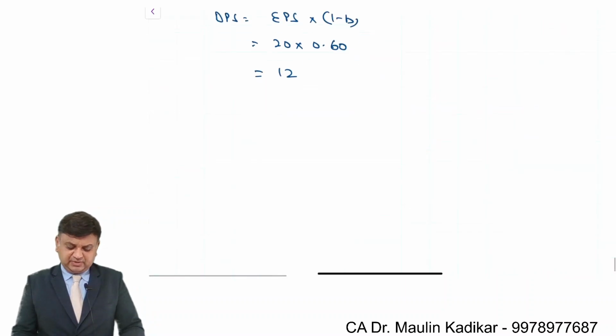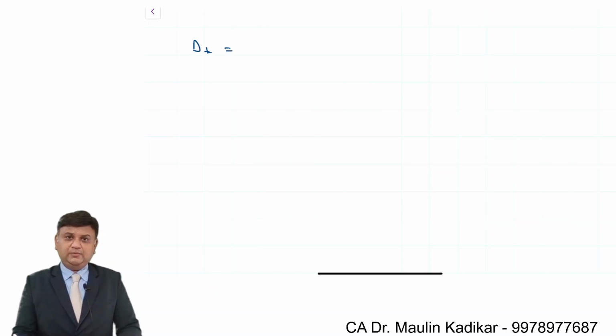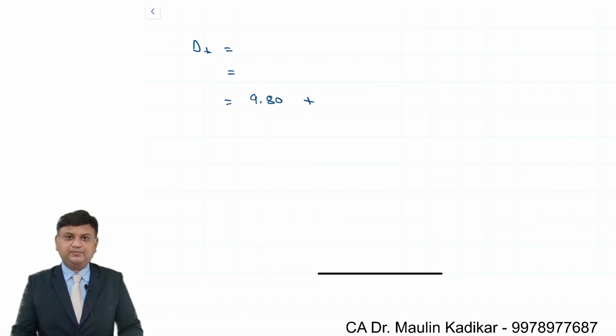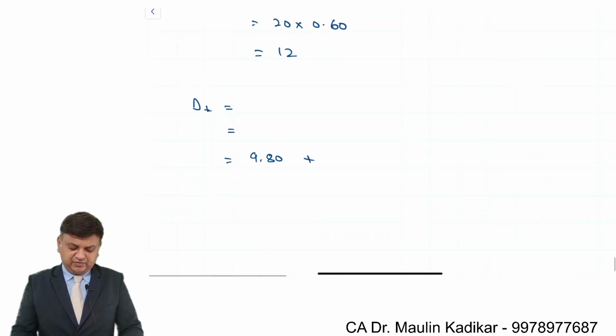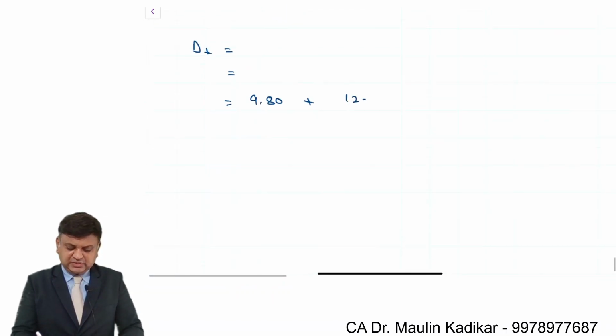Lintner model says that the dividend for the current year should be equal to whatever dividend you paid in the previous year, that is 9 rupee 80 paise, plus something more. How much more? For that they have provided a working like this: 12 rupees minus 9.8.